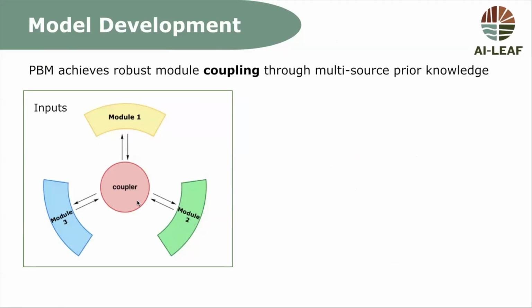The coupling, we can say, we need to build robust connections between different modules or processes, because they may share the same input, they may share some very important key parameters. They also need to transfer different information across different modules.